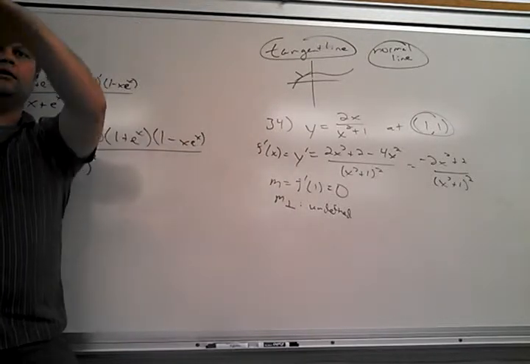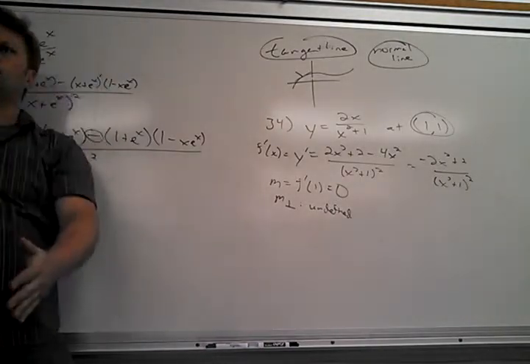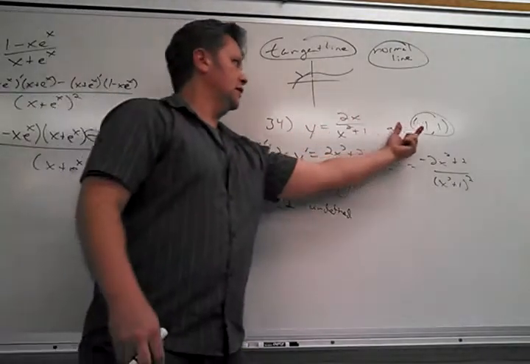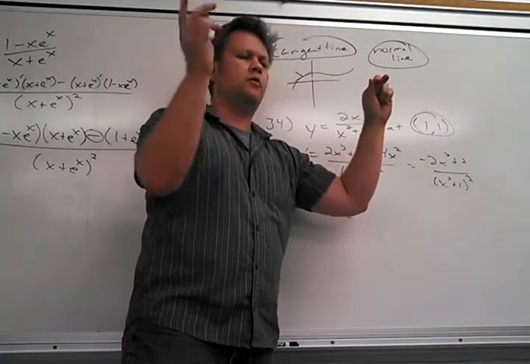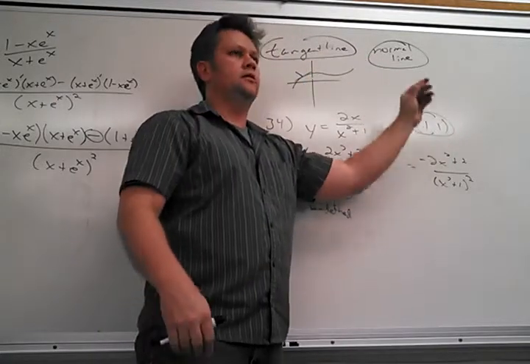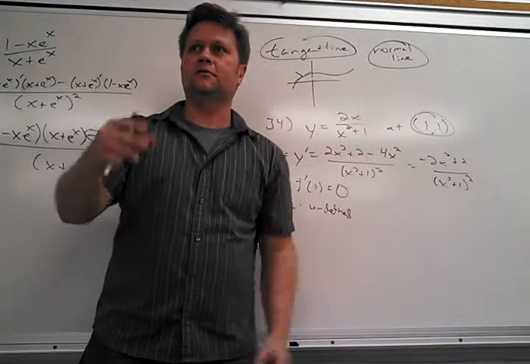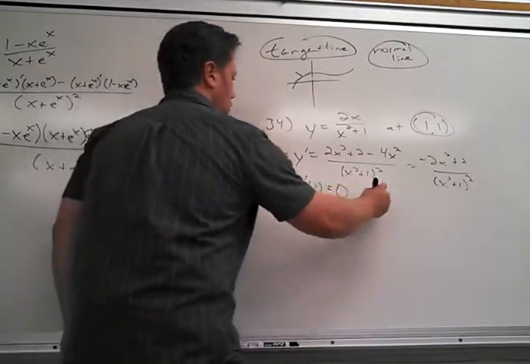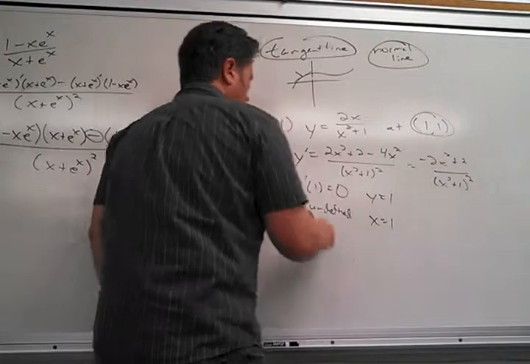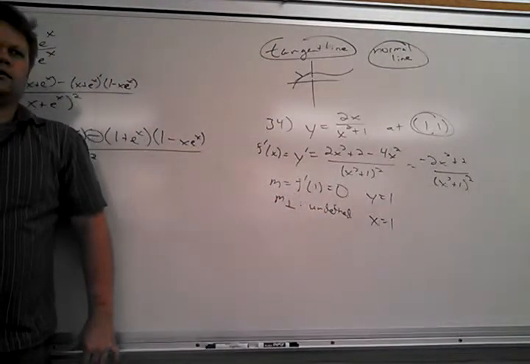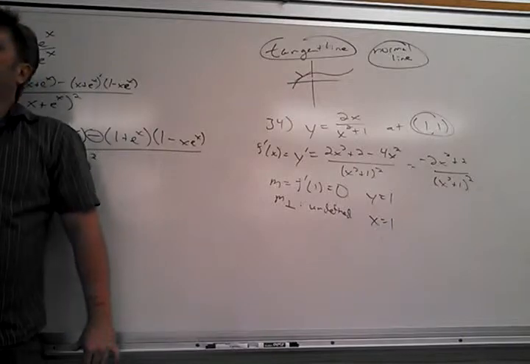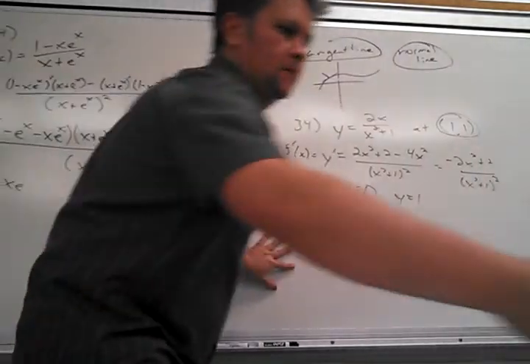So the normal line would be a vertical line through that point. It's almost too easy. What's the horizontal line going through this? y equals 1. Vertical line going through this? x equals 1. So the tangent line is y equals 1. The normal line would be x equals 1. So that was completely unnecessary, but I felt like I had to finish it.